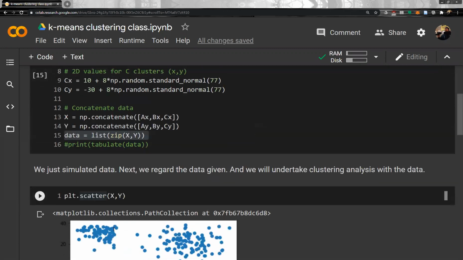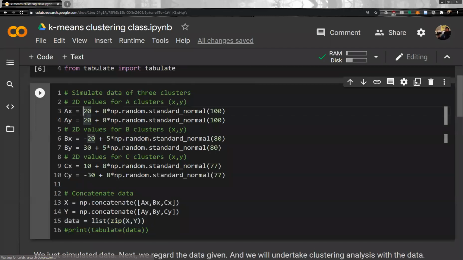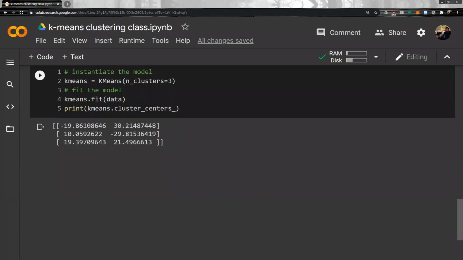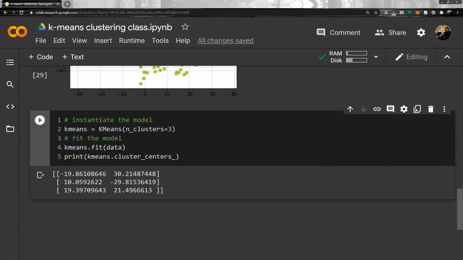We know the exact centers: 20, 20, minus 20, 30, and 10, minus 30. So it is a reasonable clustering, but of course it's not exact because it is simulated data.